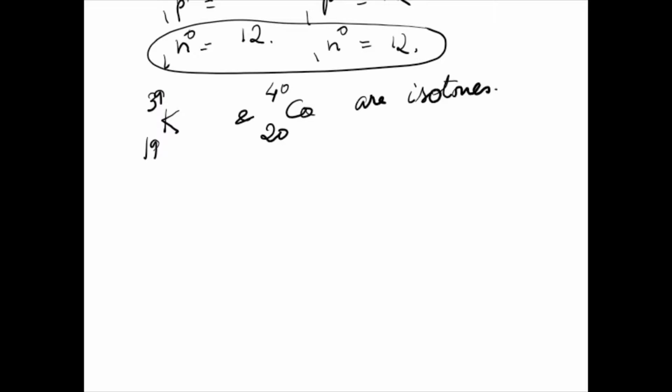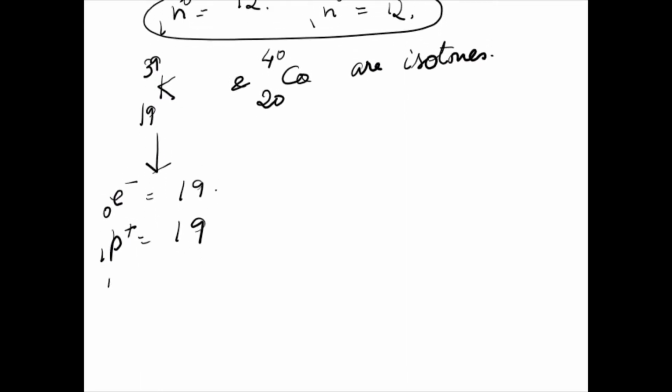Because K 19 39 has number of electrons 19, number of protons 19, number of neutrons 20, right?